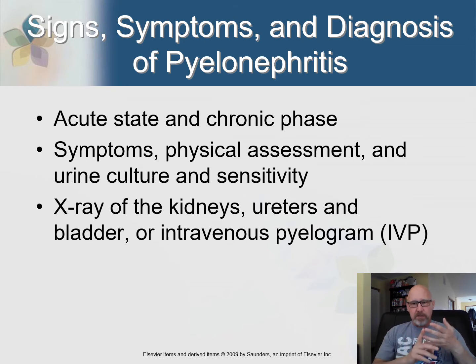If you have a SIRS, a systemic inflammatory response syndrome, then most likely you have an underlying infection in the patient. This is why we take vital signs on a regular basis. This is how we monitor patients proactively.